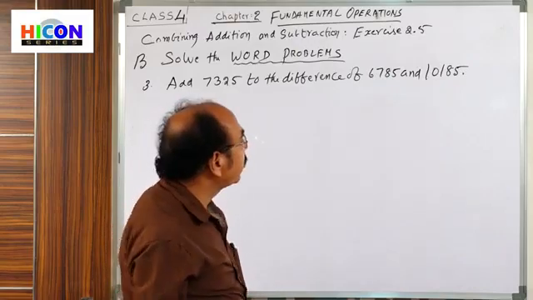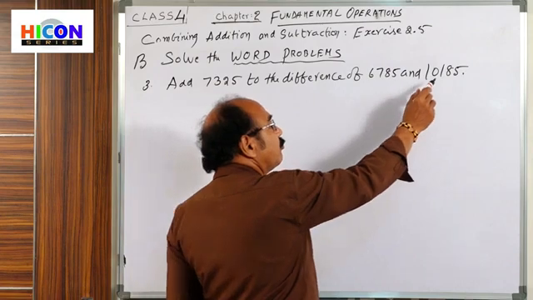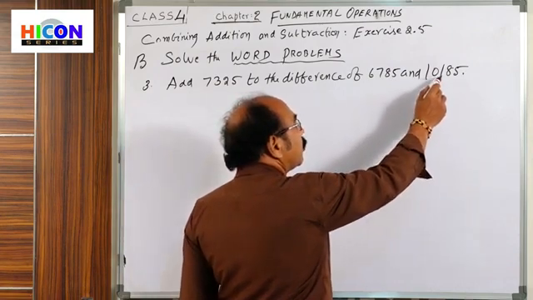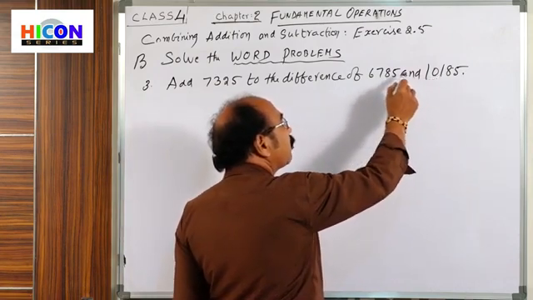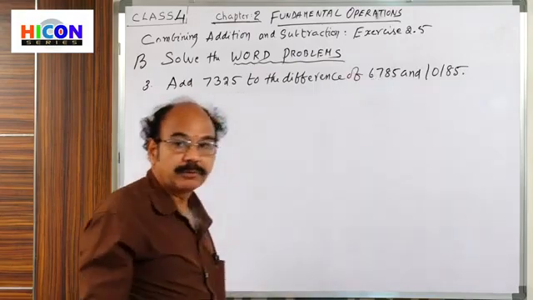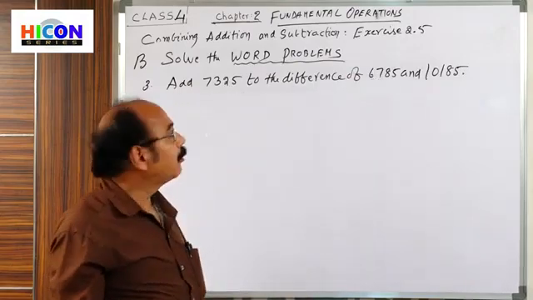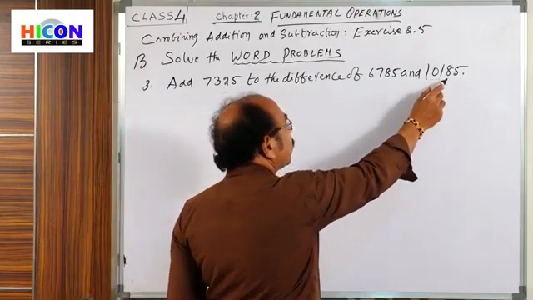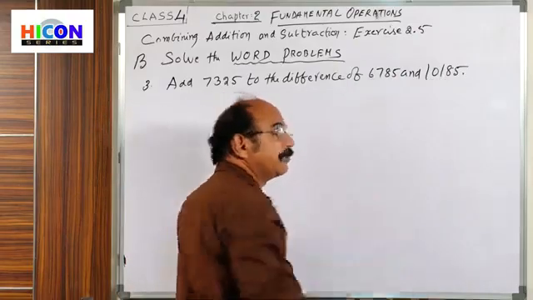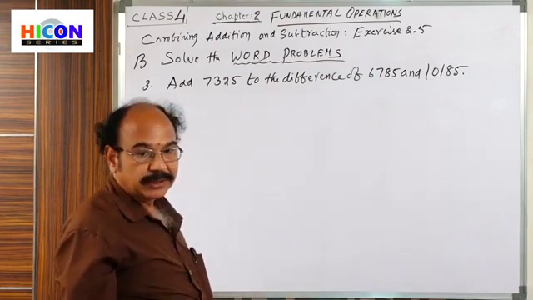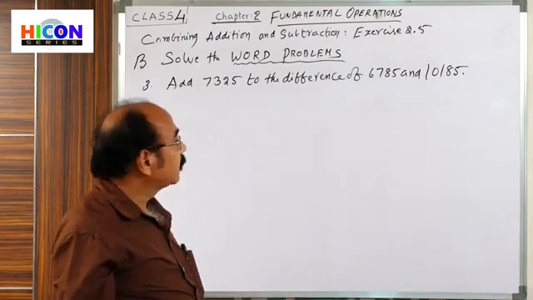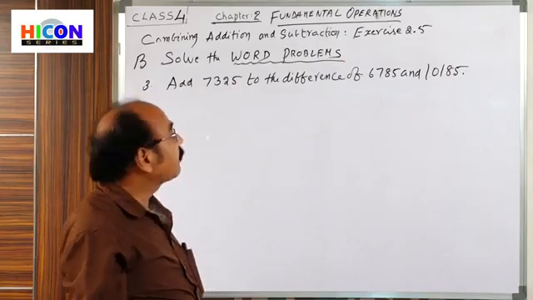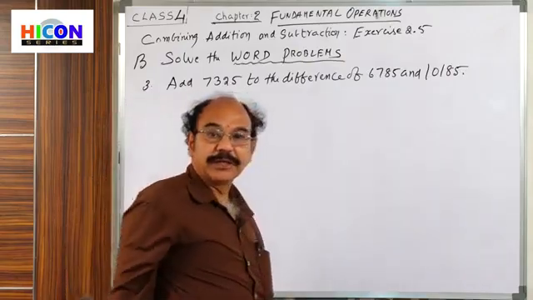To find the difference, from big number we subtract small number. So from 10,185 we subtract 6,785. Then we get the difference between the two numbers.